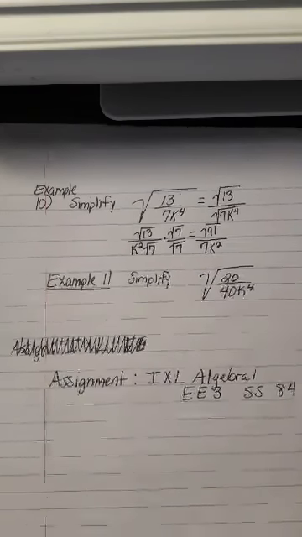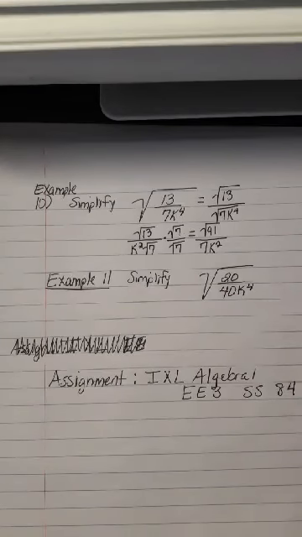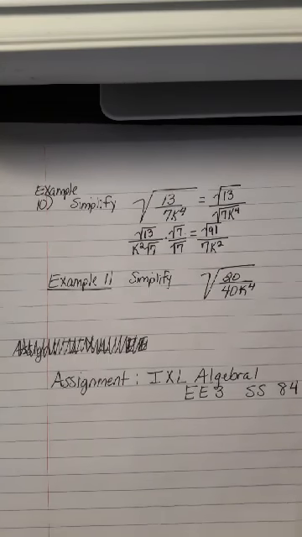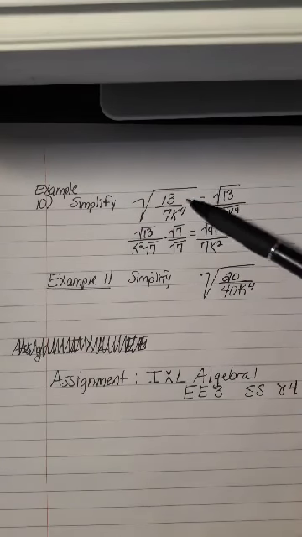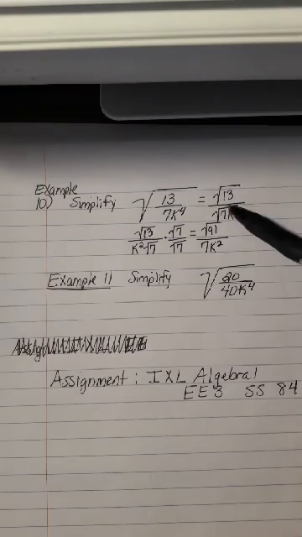Okay, example 11. I'm going to go back, though, over that example 10 because it was blurry while I was explaining it. So, we've got the square root of 13 on top, the square root of 7k to the 4th on bottom.